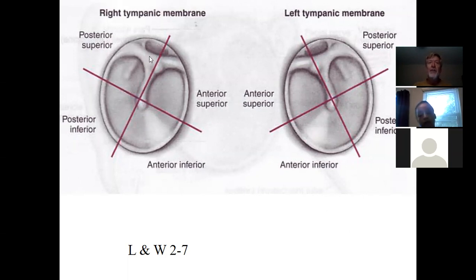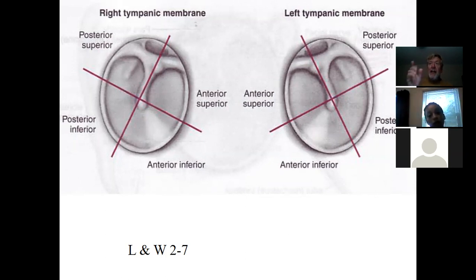If you're wondering what this top part here is, good. This is called your pars tensa, your tense part of your eardrum. This has 3 layers of skin, an outer, a middle, and an inner layer. The outer layer of skin is continuous with your ear canal.